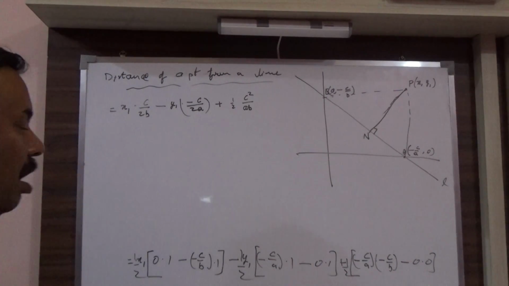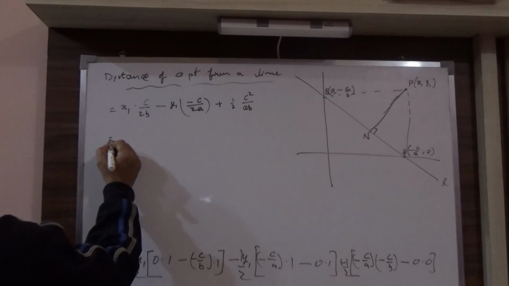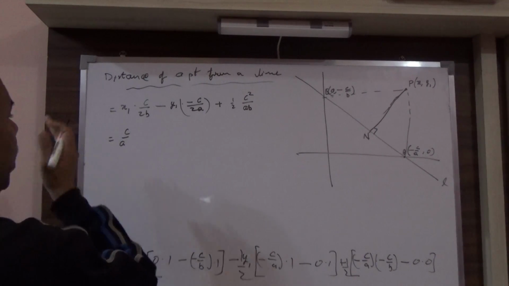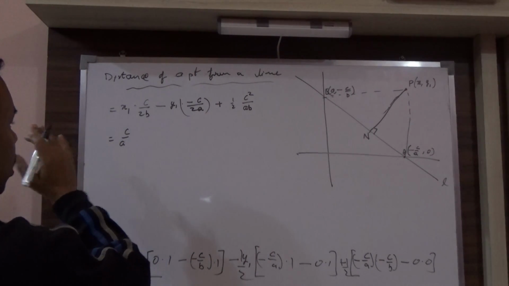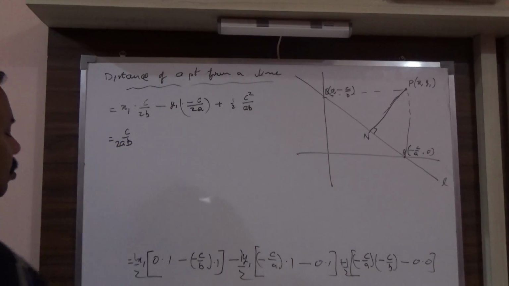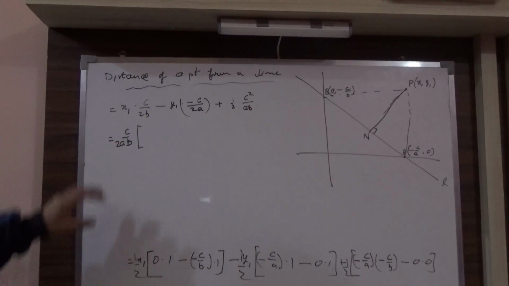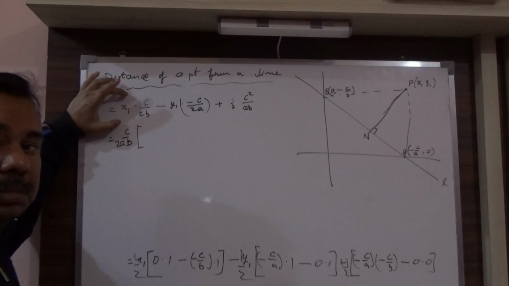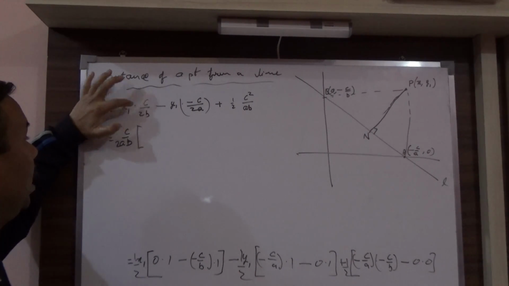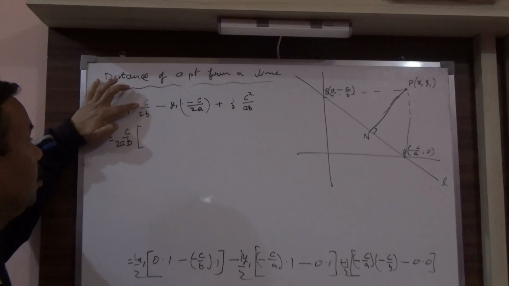Now if I take C upon 2AB out. From the first term, I have taken C out, 2 out, B out, A was not there.